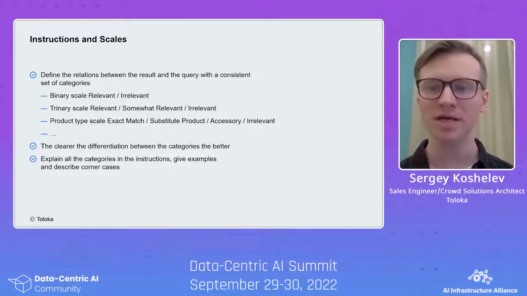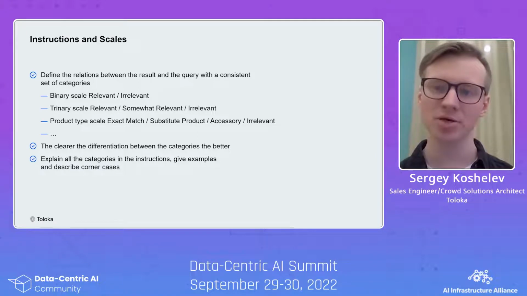So imagine that you have a query like pink iPhone, and you get a result that shows you a green iPhone. You need to describe this relation of the result to the query via some category. And it can be a simple binary scale, just relevant or irrelevant.